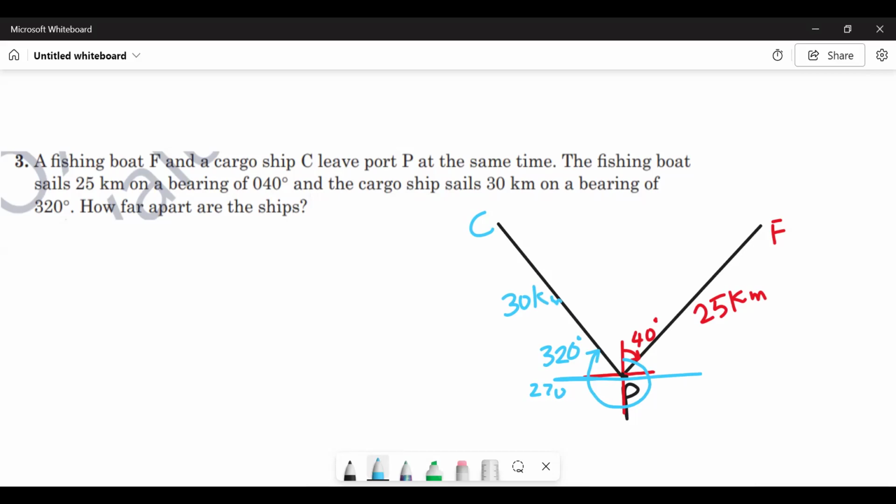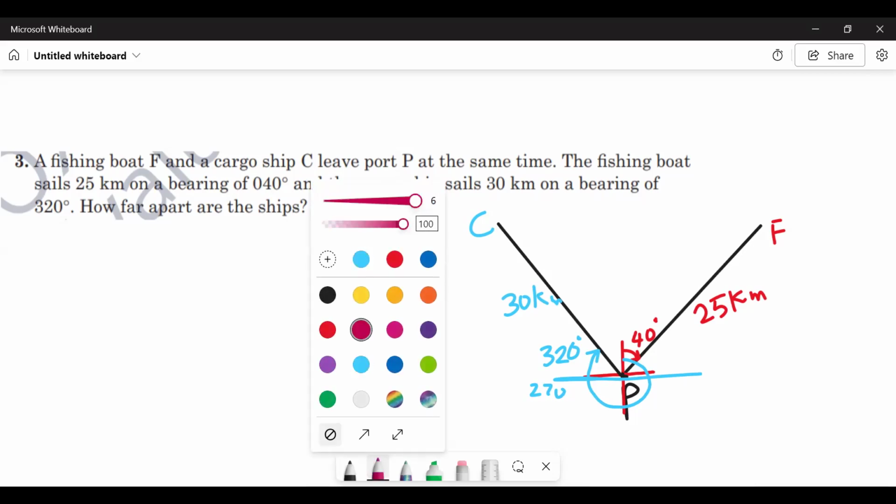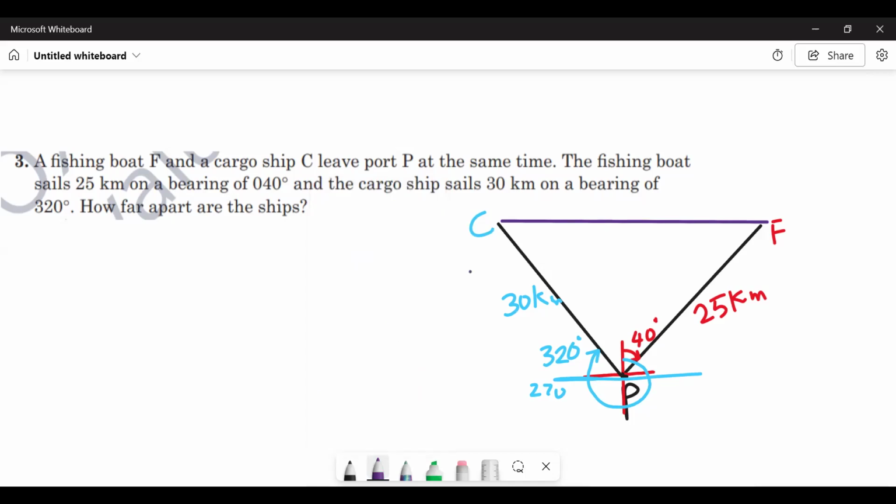How far apart are the ships? So we have to find the distance between these ships. Is it clear? So the question is that there are two ships, one cargo ship and one fishing boat.